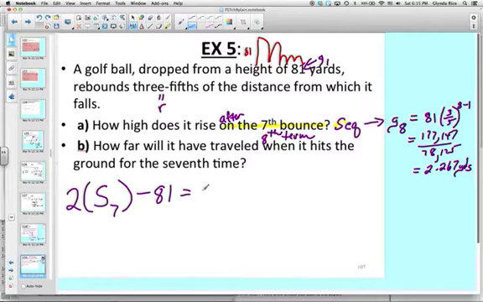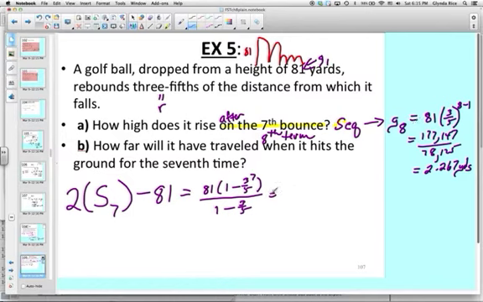So G sub 1, 81 times 1 minus 3/5 to the 7th bounce over 1 minus 3/5.